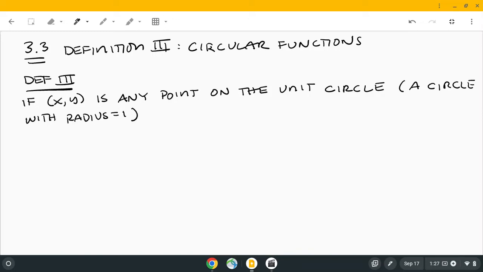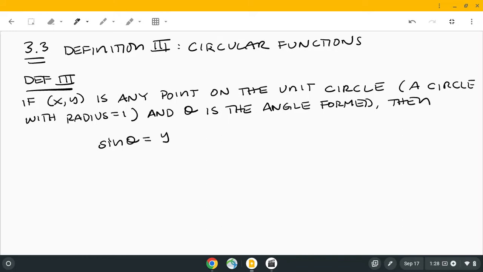Okay, so if xy is any point on the unit circle and theta is the angle formed, then sine theta equals y, cosine theta equals x, and tangent theta, since tangent theta is sine over cosine, equals y over x.